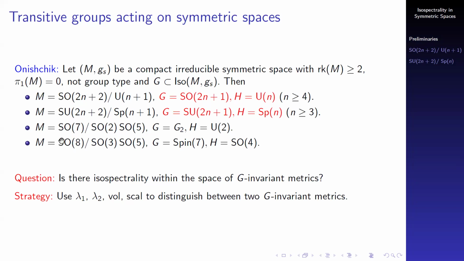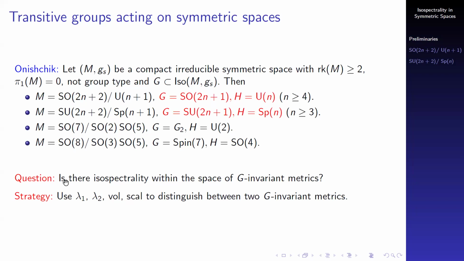So in this talk, we are going to deal with the first two. Here we have the manifold, and G is the subgroup acting transitively, and here we have the isotropy, and the same for the second one. So we're going to deal with G-invariant metrics for this G in the first case, and for this G in the second case. So the question is: is there isospectrality within the space of G-invariant metrics? We're going to restrict to that family of metrics.